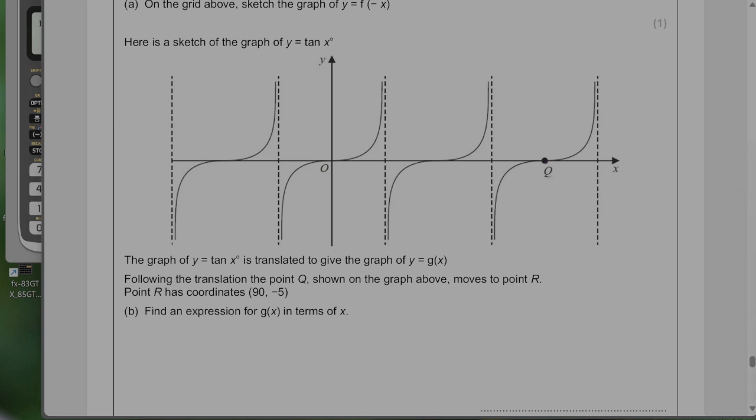Right. So let's do 90, 180, 270, so that's 360. So the current coordinate is 360, 0. And if that is moved to 90, minus 5, so the centre has been moved to there.